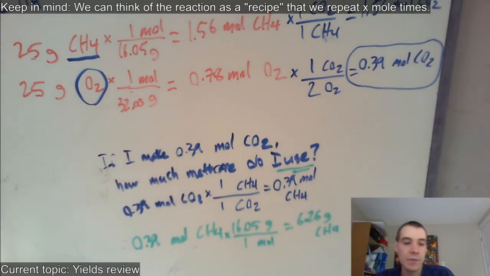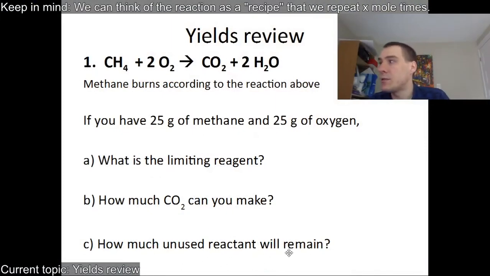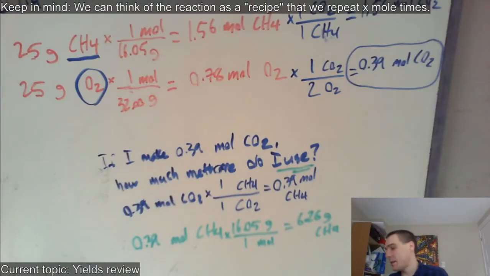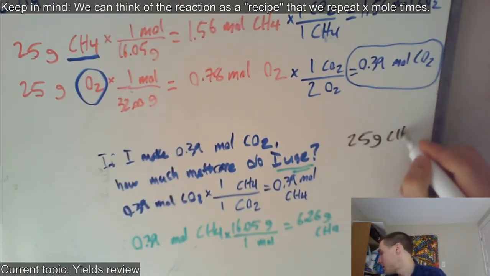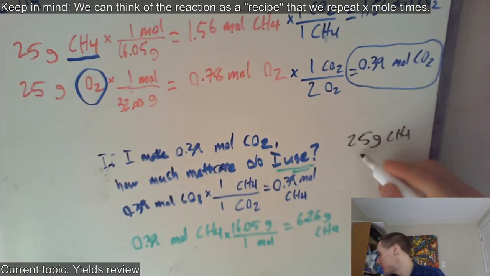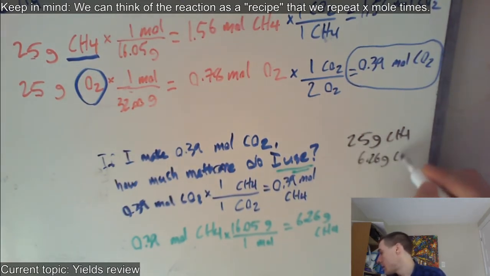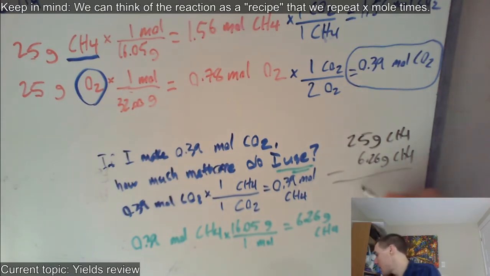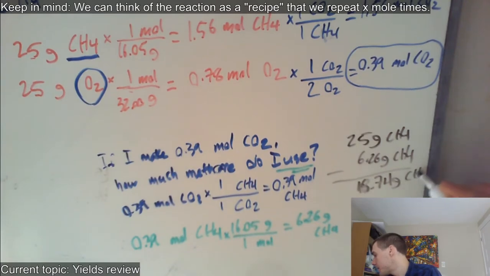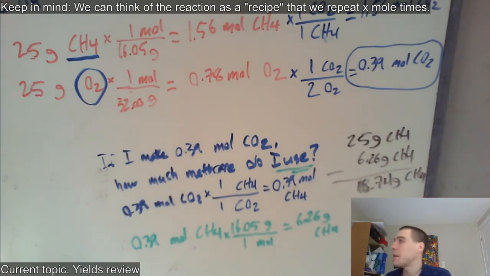So to figure out what's left over, which remember, that was the question, how much unused reactant will remain, you just take your 25 grams of CH4, take away your 6.26 grams, that's what we used, and we get 18.74 grams left over. We still have 18.74 grams of CH4 remaining. So yeah, we don't use a lot of our methane.